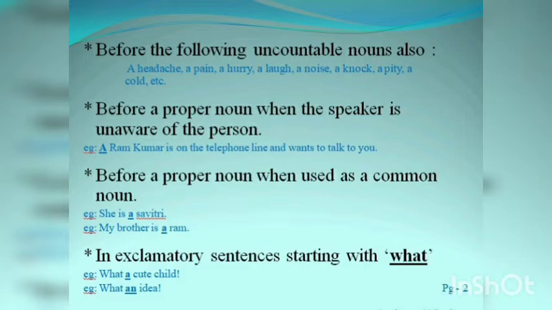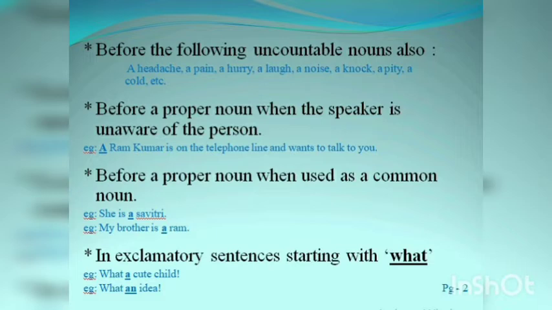Here the word Savitri, although a proper noun, starts with a small letter instead of a capital letter. That means it has been used as a common noun, not as a proper noun. And whenever a proper noun is thus used as a common noun we use suitably a or an before it. So she is a Savitri. Here the sentence means she is a lady like Savitri.